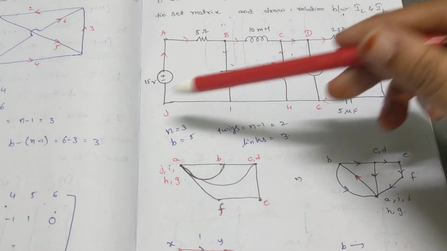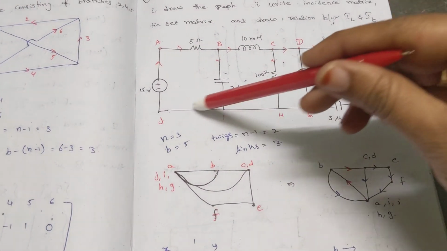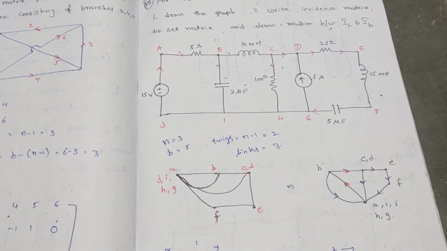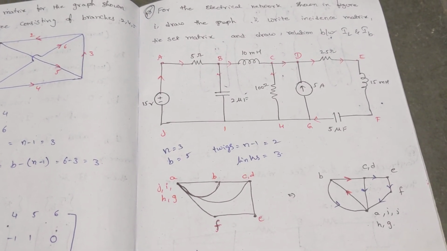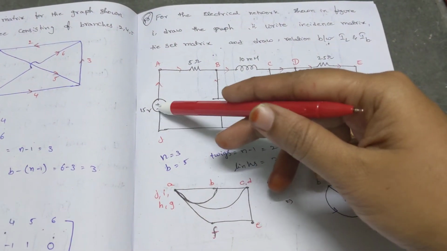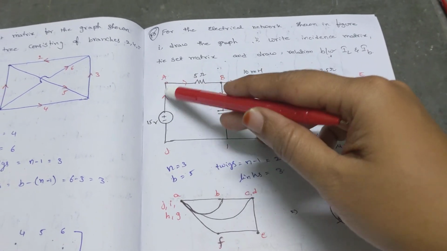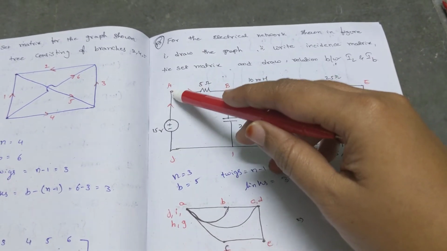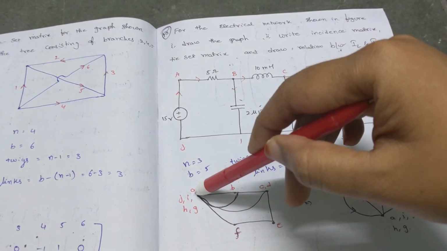So J, I, H, G, all these are represented in single way. Okay, it will be a single node, so we are not disturbing. And whatever this voltage source is also a short circuit, that means J and A is also acting as single node, so I'm just considering a single node.